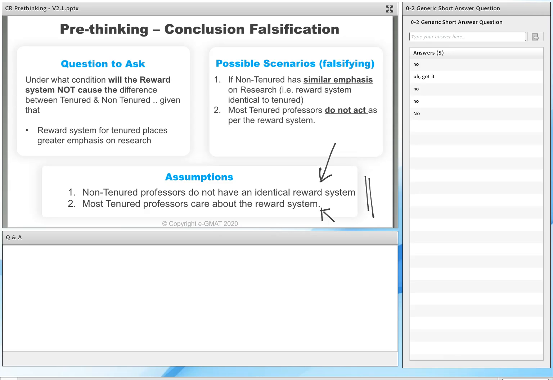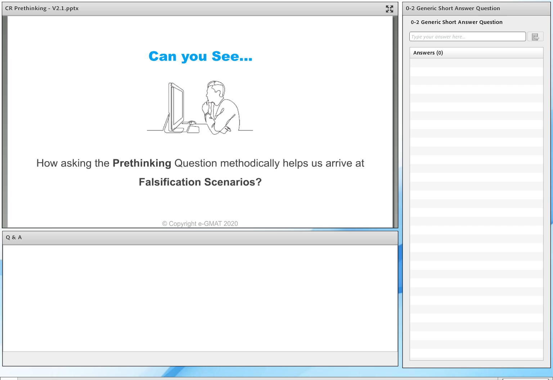Can you really see how we went about this in a very systematic fashion? And as we went about this in a systematic fashion, we were able to come up with assumptions fairly easily. Can you see how we went from one step to the other?